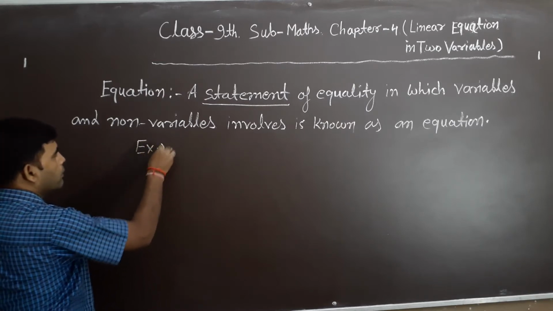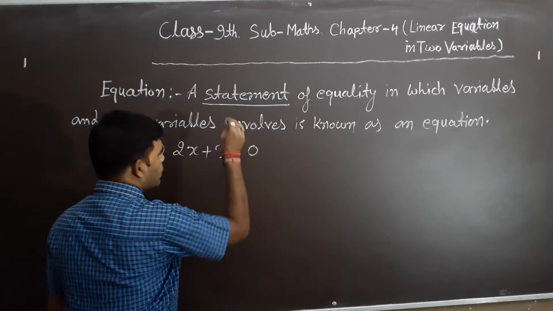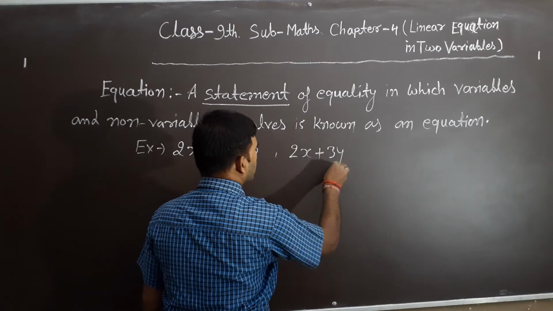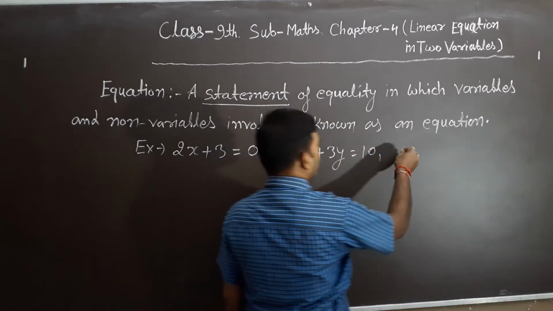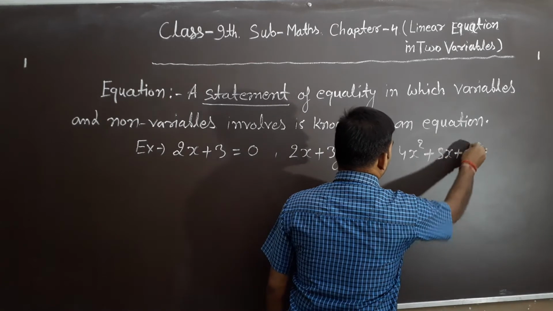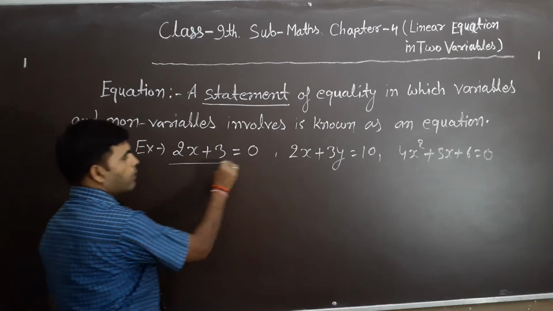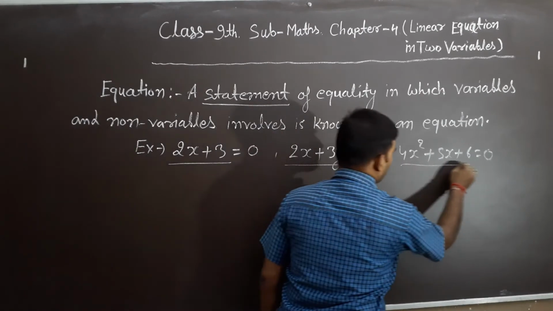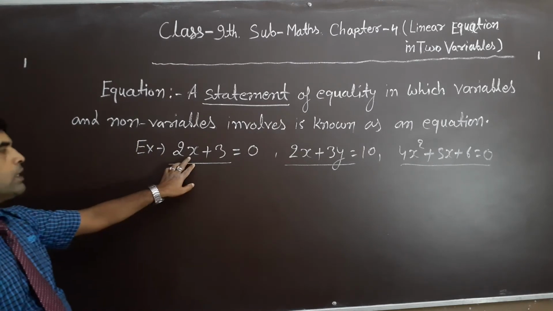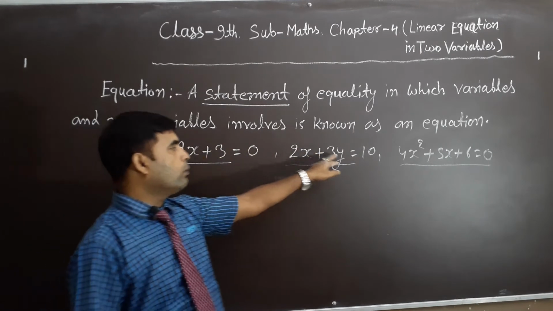Example: 2x plus 3 is equal to 0. 2x plus 3y equal to 10. 4x square plus 5x plus 6 is equal to 0. These all are known as equations. But in the first and third examples there is only one variable, and in the second example there are two variables.